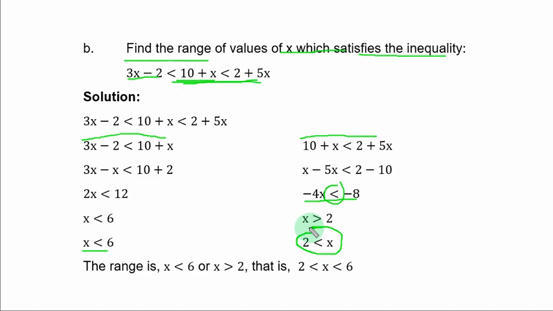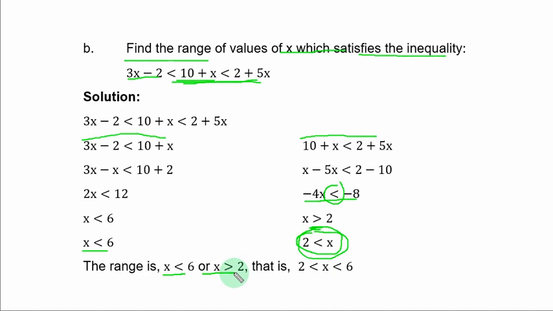Now for us to write the range, a number must come first, followed by s and the other number. So we have to start with the second solution, that is 2 less than s, less than 6. So the range can be s less than 6 or s greater than 2.